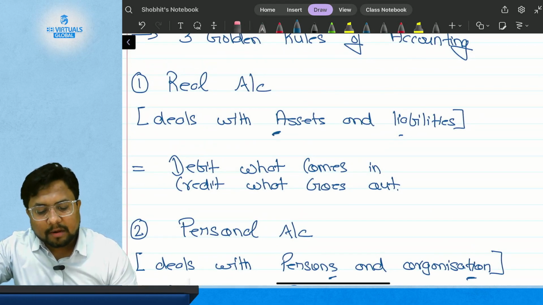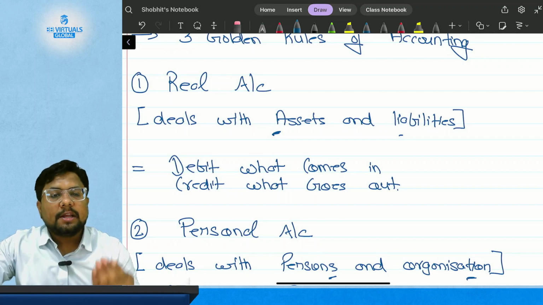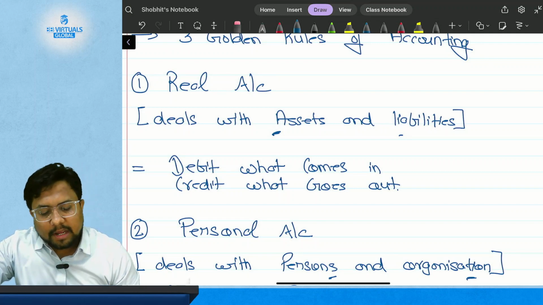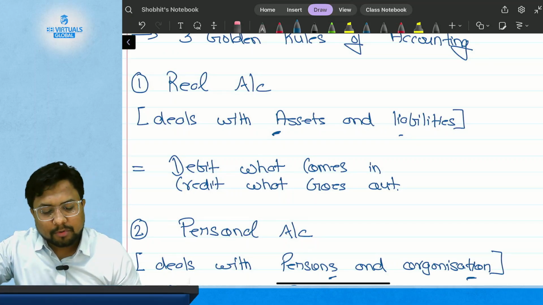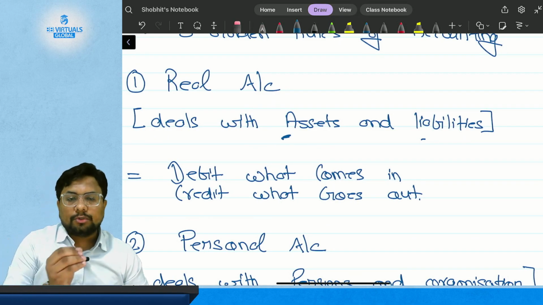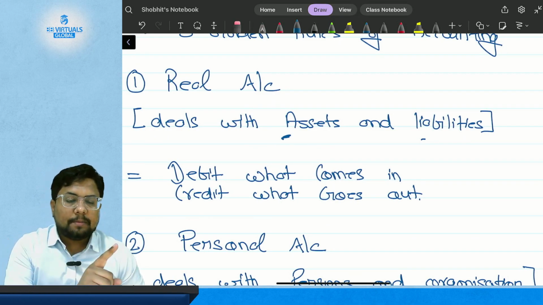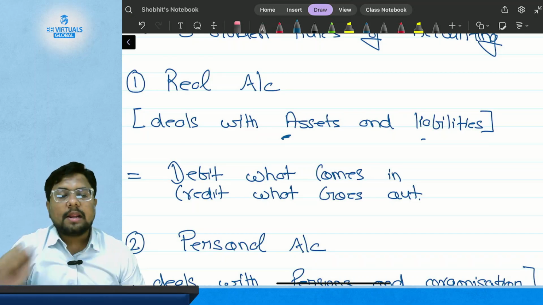Real account deals with asset, and the rule is debit what comes in, credit what goes out. This rule is only regarding the asset and liabilities.